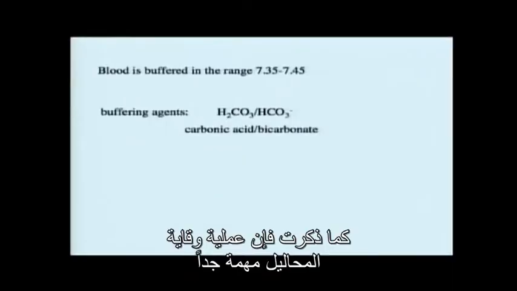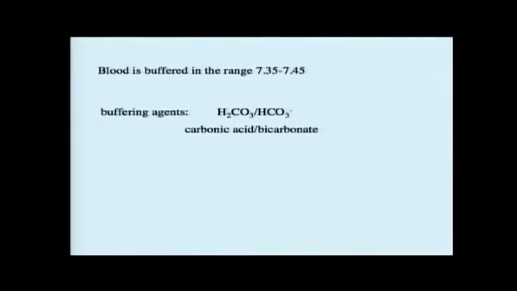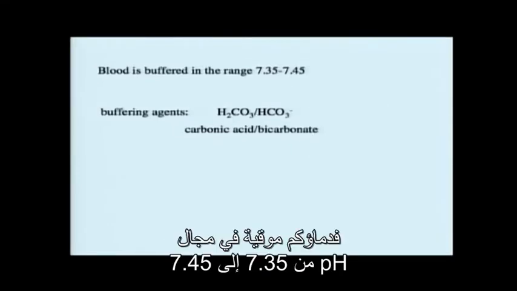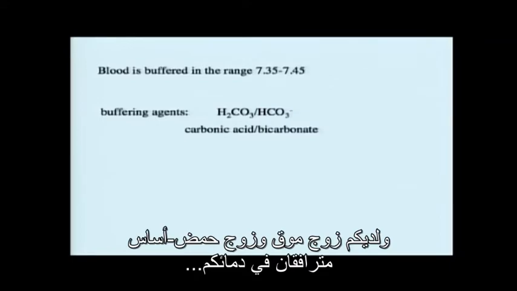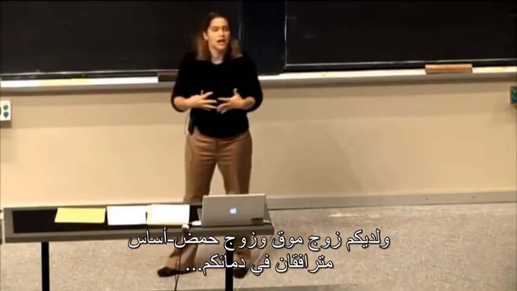So I mentioned buffering is very important. It's very important in your blood. Your blood is buffered in the range of pH 7.35 to 7.45, and you have a buffering pair, a conjugate acid-base pair, in your blood that does the work.